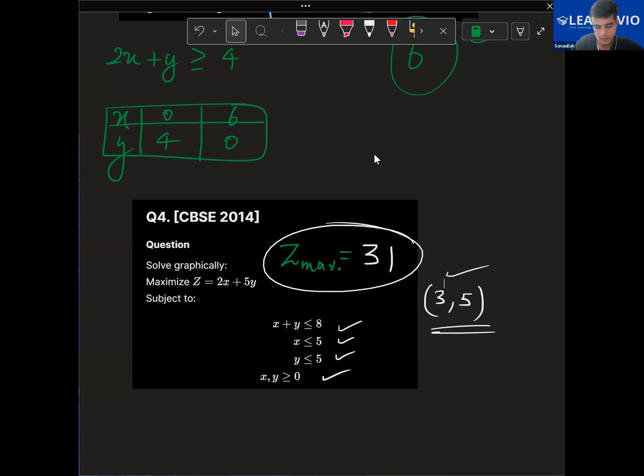Let me check. Differential equations. Yeah, we have left with differential equation, probability, vector algebra, and 3D geometry. Yeah. So we have left with 4 chapters. Okay.